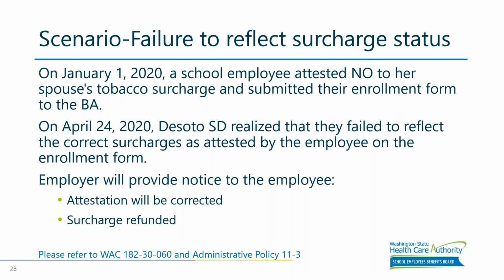The employer will provide notice to the employee that their attestation will be corrected and the surcharge will be refunded back to the school district. It's up to the school district's payroll department to refund that employee.